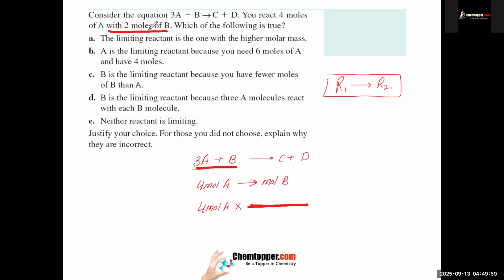These are the given amounts. It can be in excess, right? So you're going to do 1 mole of B over 3 moles of A. How much is that? 4 over 3 moles of B. So this is the one which has reacted. How much is left unreacted?